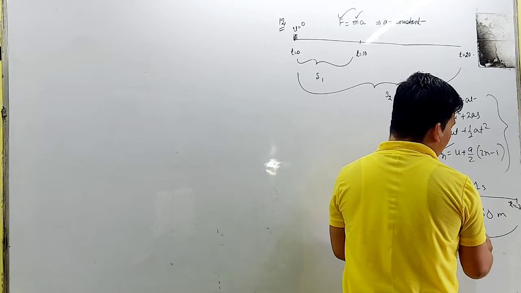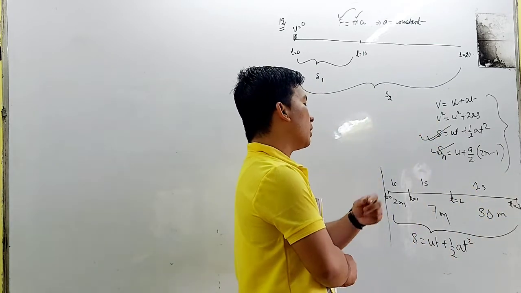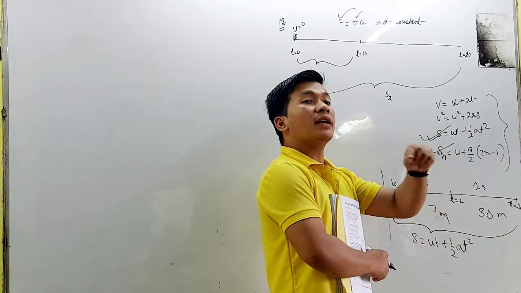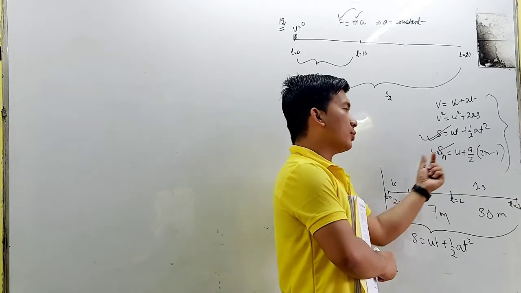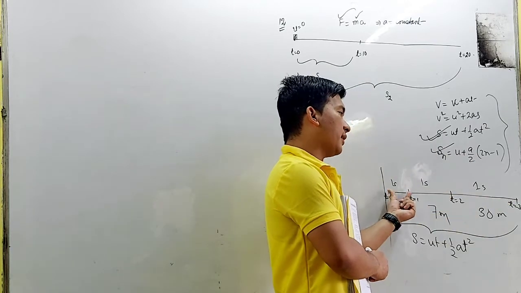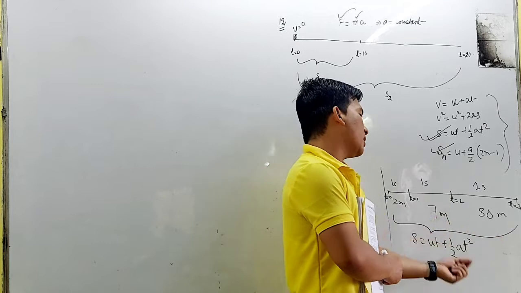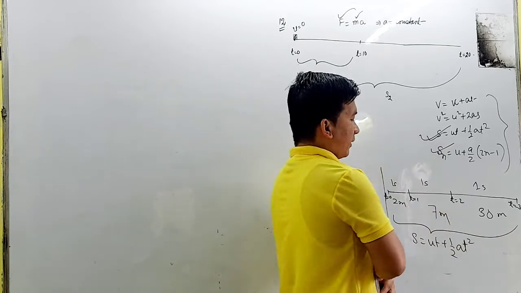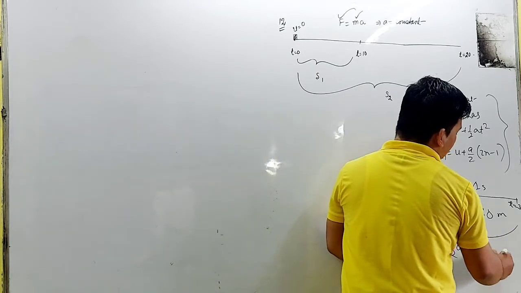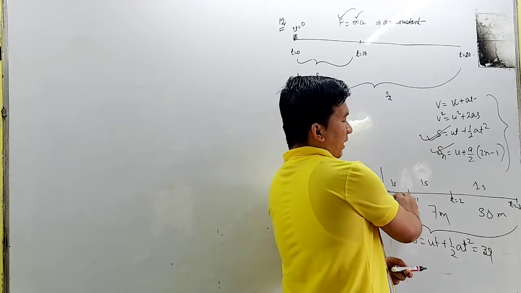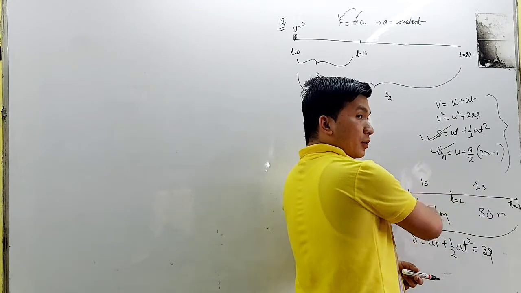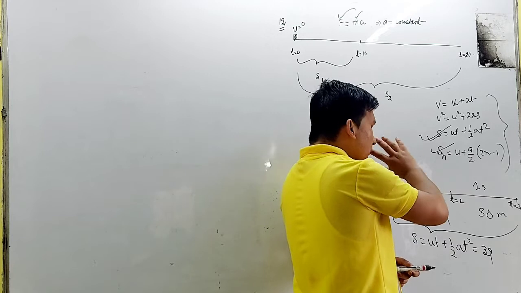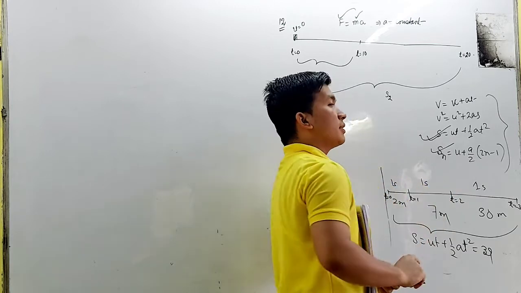We use this formula for total displacement in a given duration, that is from 0 to 3 seconds: first second, second second, third second. All together we have 39. In 3 seconds it produces 39 meter.